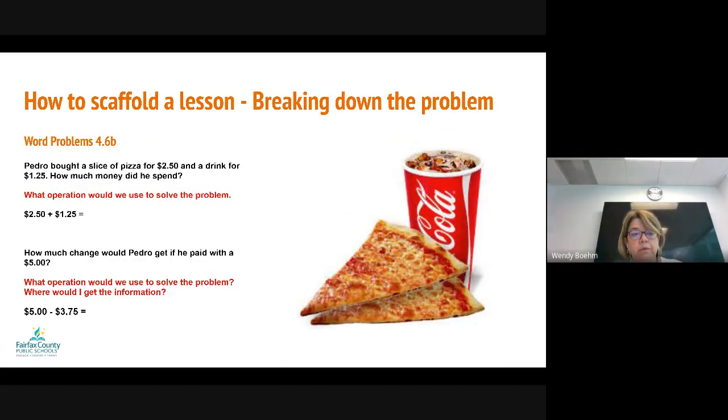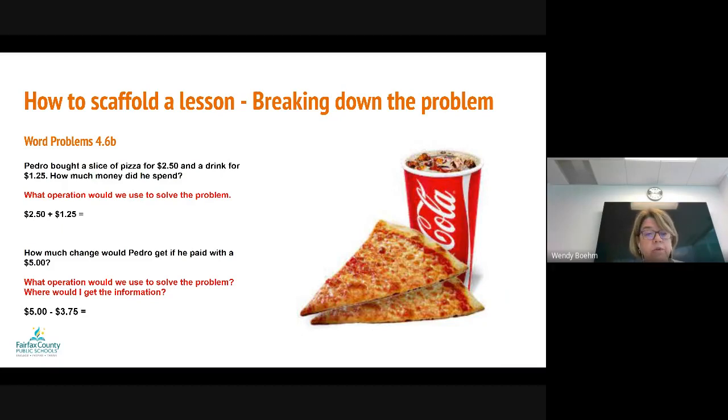If we look at this problem, it's word problem 4.6. Pedro bought a slice of pizza for $2.50 and a drink for $1.25. How much money did he spend? What operation would we use to solve the problem? We would use addition. The second part of the problem says, how much change would Pedro get if he paid with $5?